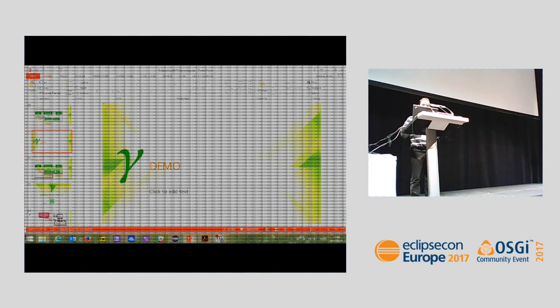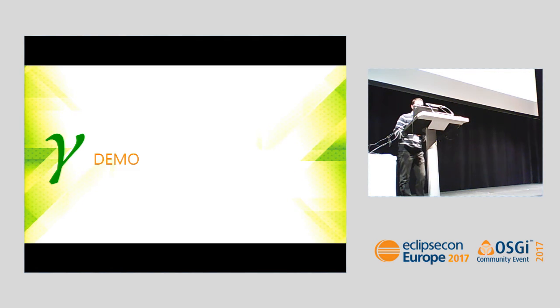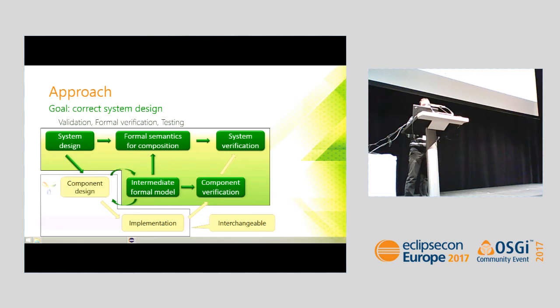What I talked about is our framework to support the system level design of safety critical distributed systems. We provide formal semantics and an intermediate formal model for such systems. You can use your own code generators for the component design.